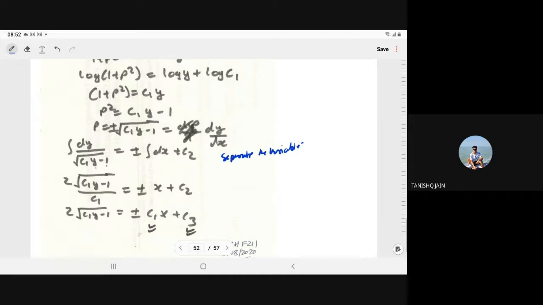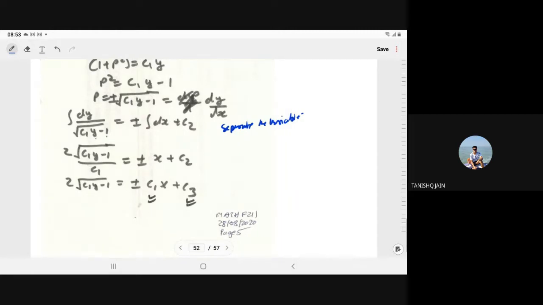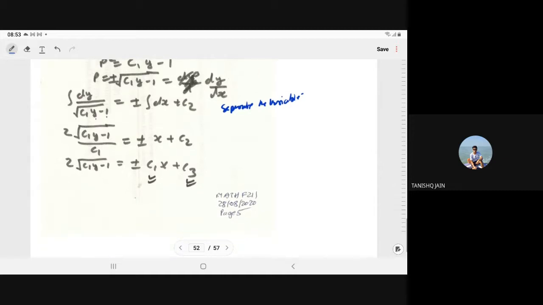When you integrate on both sides, integral dy upon root of c1y minus 1 is equal to plus minus integral dx plus constant of integration c2. Its integration will come to 2 root of c1y minus 1 upon c1 is equal to plus minus x plus c2. If you multiply by c1 in the whole equation, you will get 2 root of c1y minus 1 equal to plus minus c1x plus c3.